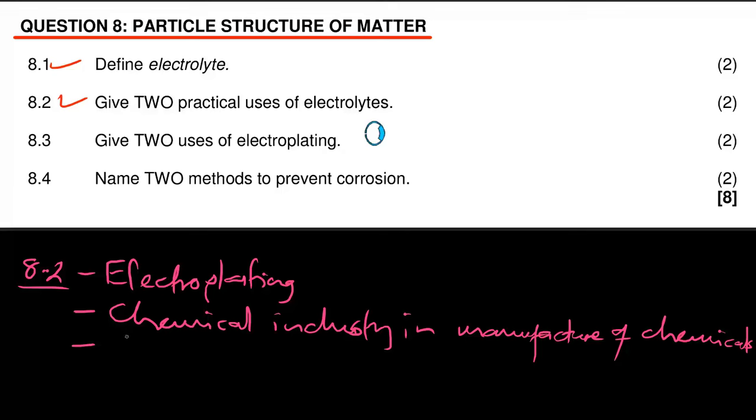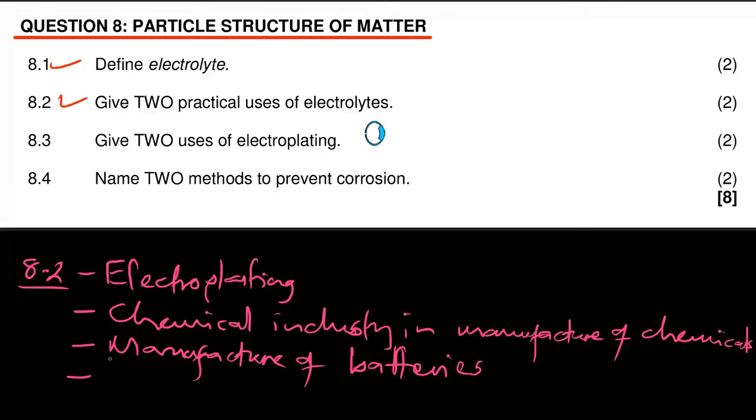When can you use electrolytes? You find electrolytes in manufacture of batteries. Remember, they just said example here. You can use it in manufacture of batteries, which is common because it deals with electrolytes. Batteries, I just wanted to say battery, just anything that comes to mind.